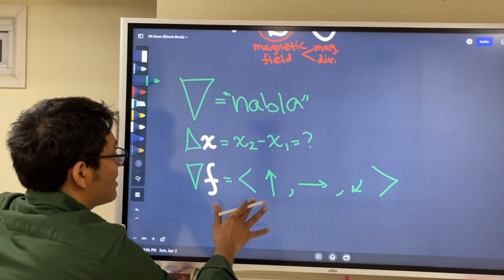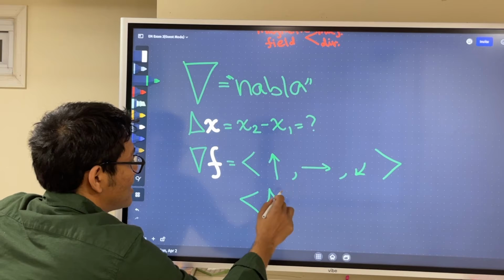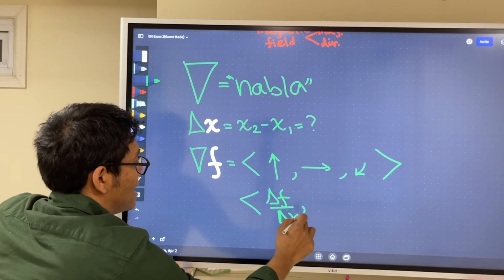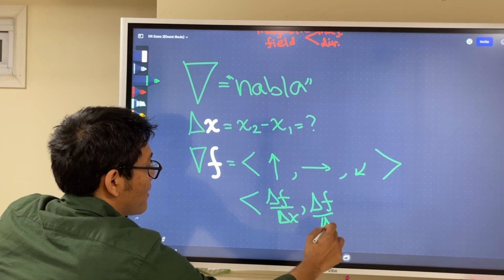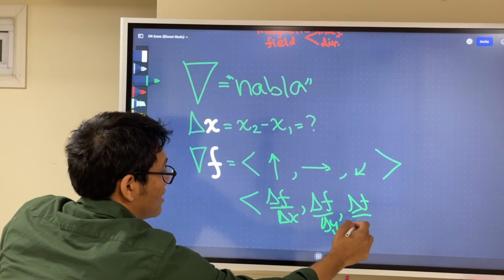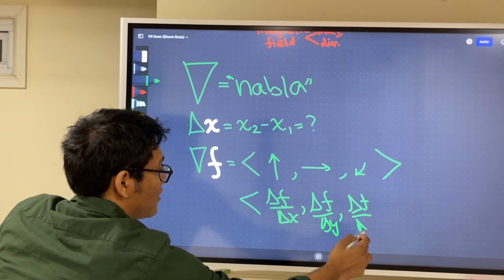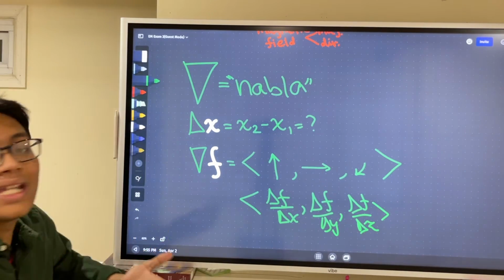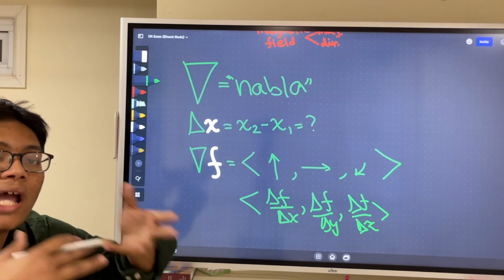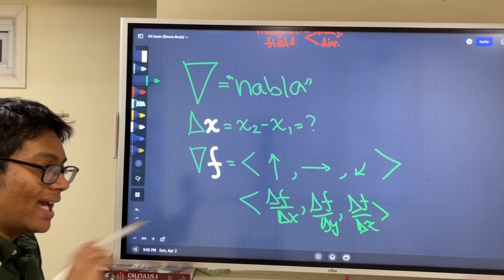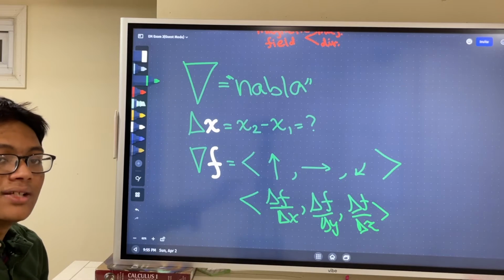So mathematically what it looks like is delta f over delta x, delta f over delta y, delta f over delta z. And if you're fancy, you can use derivatives, but that's the big idea. Nabla just tells you how much a function changes in the x, y, and z directions.